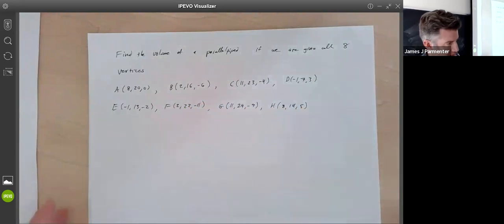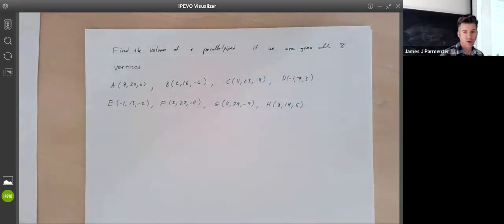The thing about this is we're told it's a parallelepiped, so there should be some vectors that are parallel.